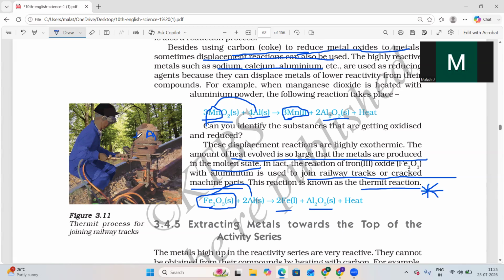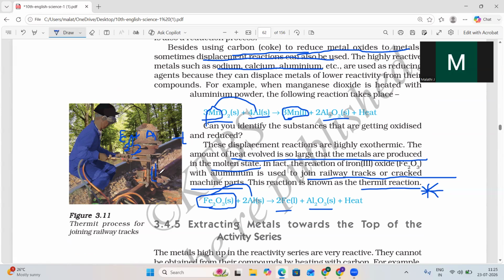This experiment is very important. Fe2O3 and aluminium are used in this instrument. When these two react, we get a large amount of heat liberated. What will happen? This is used for railway tracks and cracked machine parts.